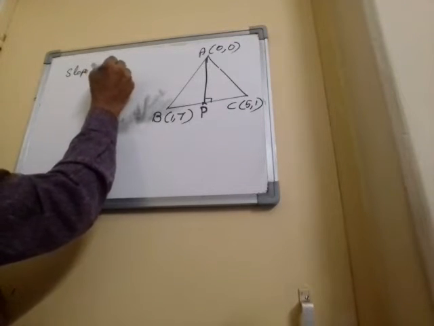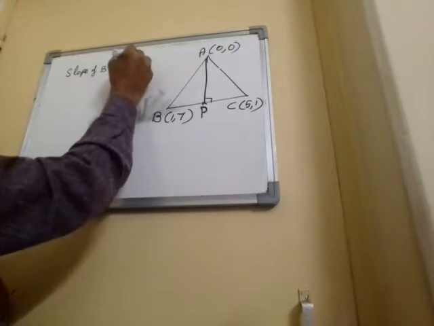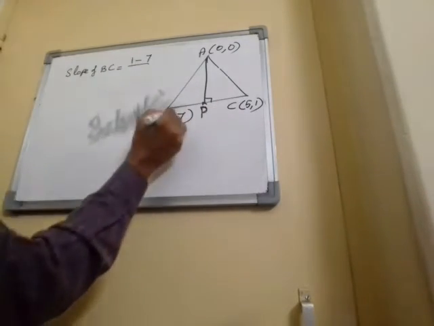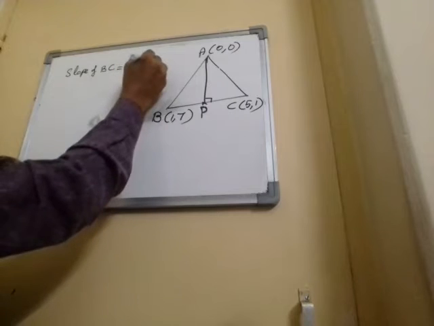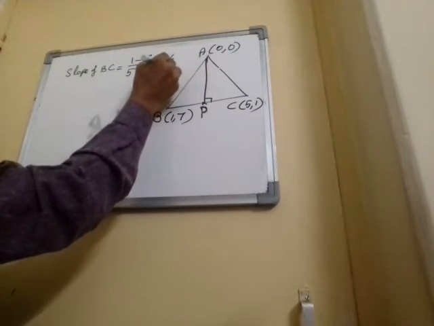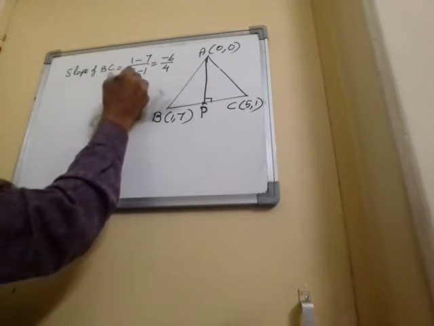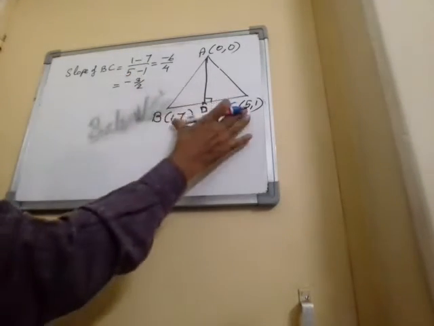Slope of BC, y2 minus y1 by x2 minus x1. So minus 6 by 4, that is minus 3 by 2. So we got this slope.